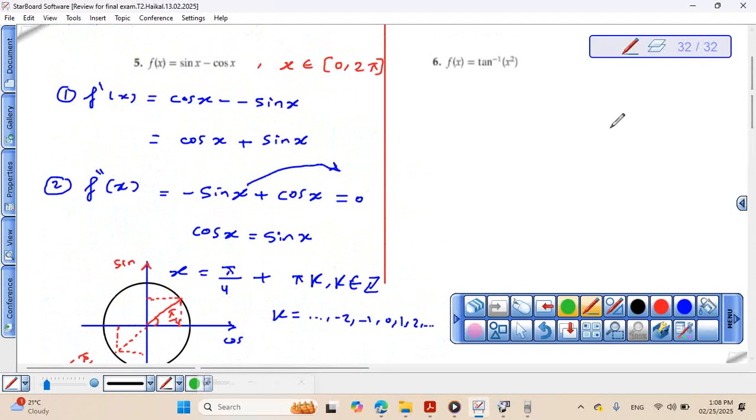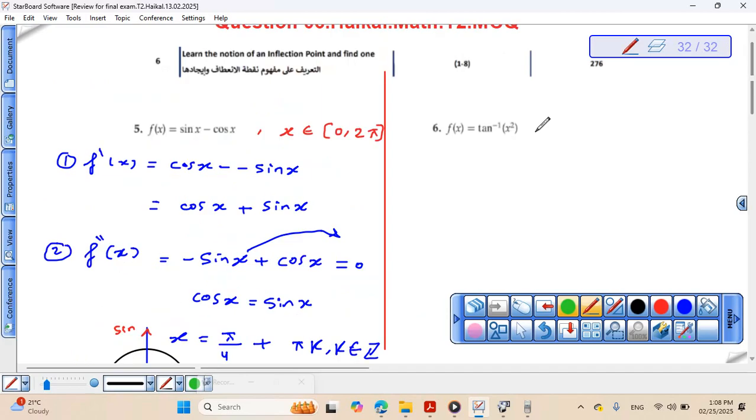Now here, what about this function? How to find the derivative for the inverse tan the first time? Do you remember? Yes. The derivative of the angle is 1 over 1 plus the square of the angle. Yes, excellent.